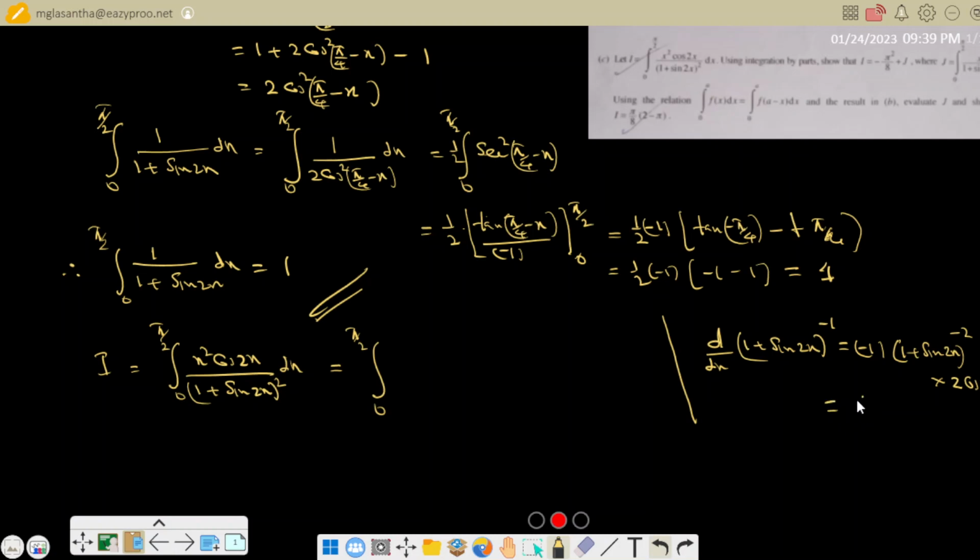So this equals minus 2 cos 2x over (1 plus sine 2x) squared. Now, leaving x squared, instead of this part you can put minus d over dx of (1 plus sine 2x) to the minus 1 divided by minus 2.